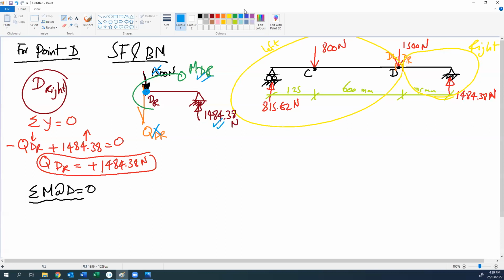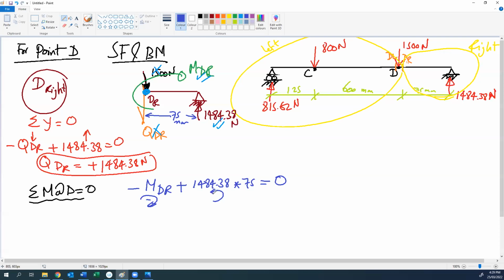So we will have negative MDR rotating clockwise, so I give it negative, plus 1484.38 multiplied by the distance, which is 75 millimeter, should be 0.